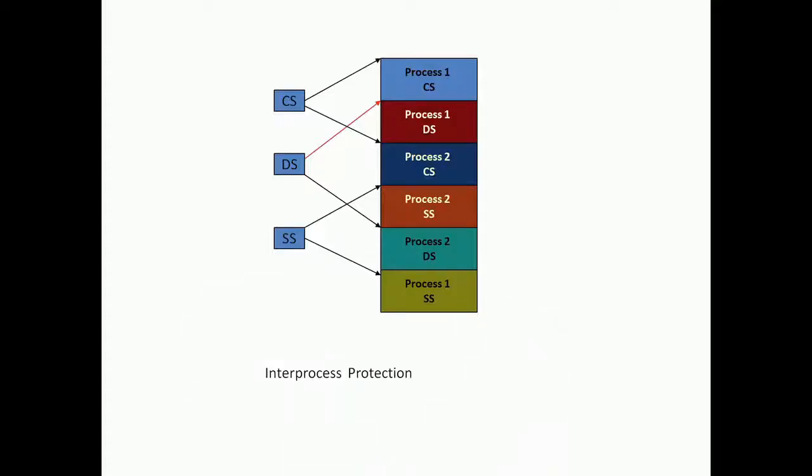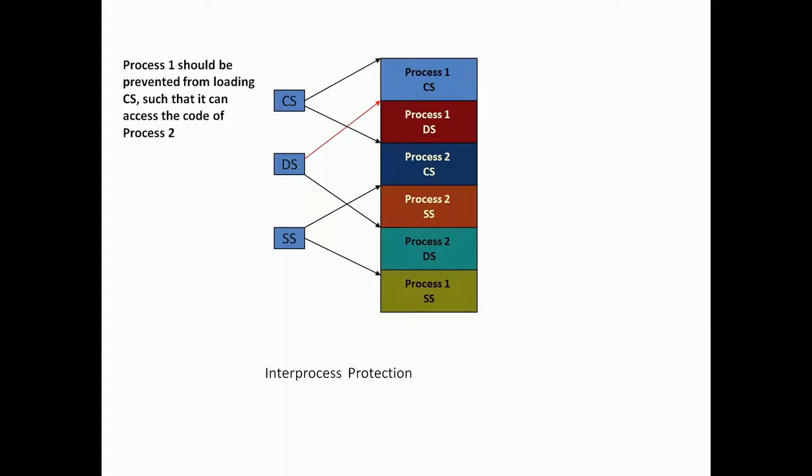So in this sense there is a strong inter-process protection here, because let me say there are 2 processes, process 1 and process 2, and each has its code segment, data segment and stack segment, and process 1 should be prevented from loading CS such that it can access the code of process 2. When process 1 is executing, please note that the code segment is pointing to process 1's code segment.